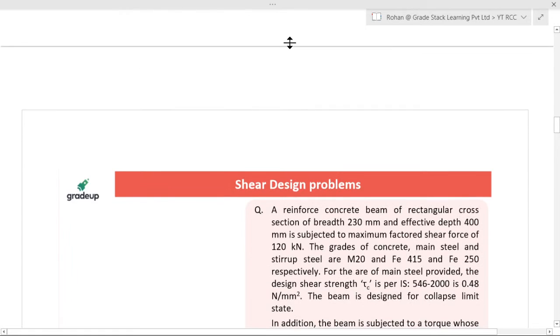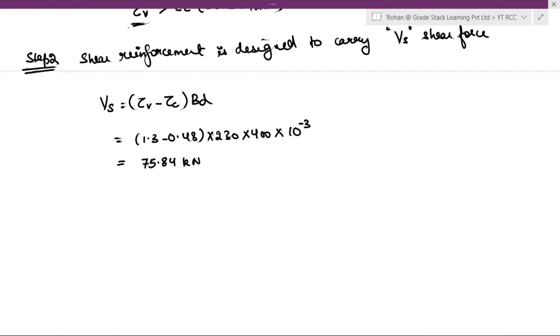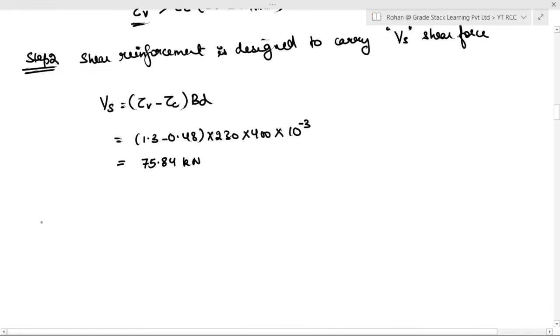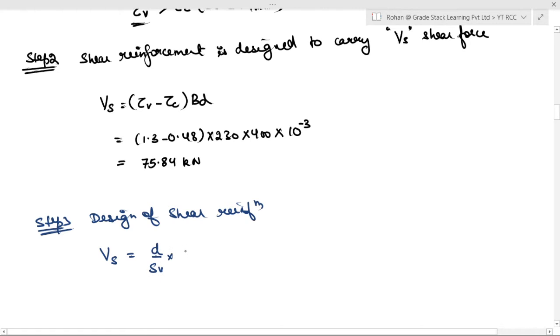Now let us design the shear reinforcement. So step 3, design of shear reinforcement. This shear force is equal to d upon Sv into Asv into sigma sv in the working stress method, and it is equal to d upon Sv into Asv into 0.87 fy in the limit state method.